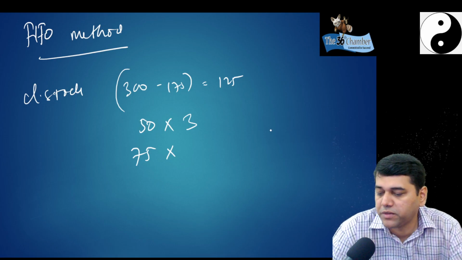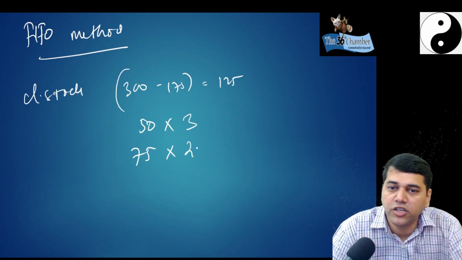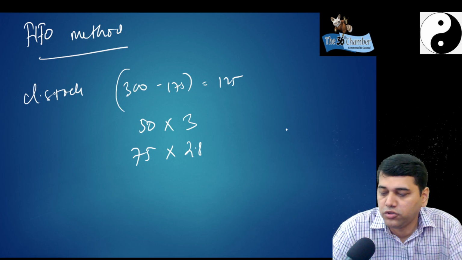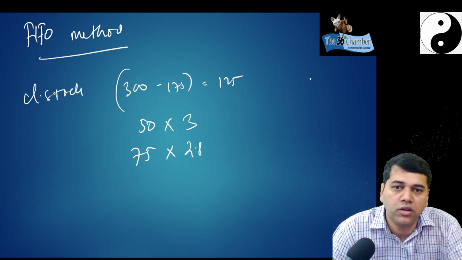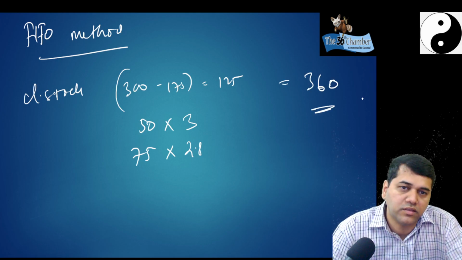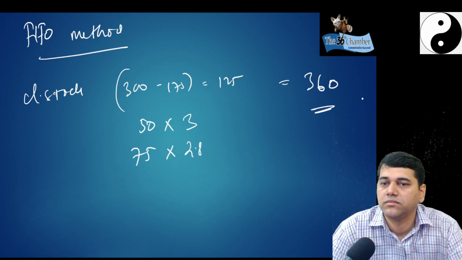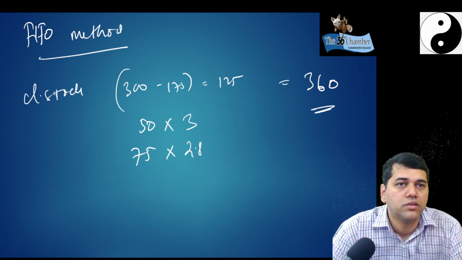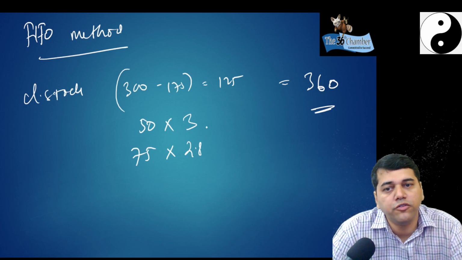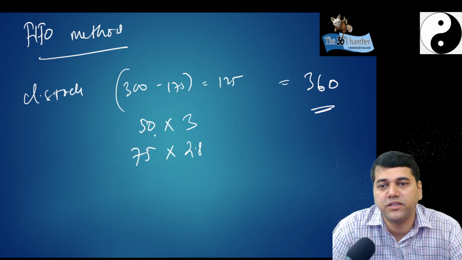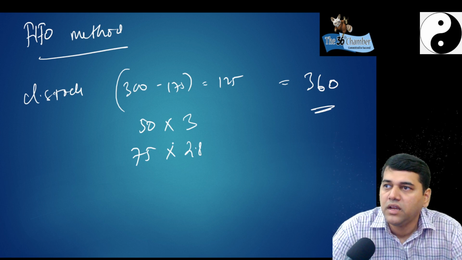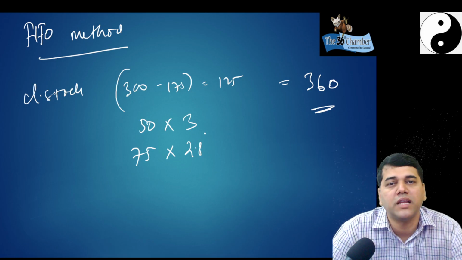So what is your previous purchase? 150. At what rate? 2.8. So taken together, you have got 360. Followed, no? 50 quantity from the last purchases. If the last purchase itself was 300, I would have told the entire closing stock is from the last purchase.